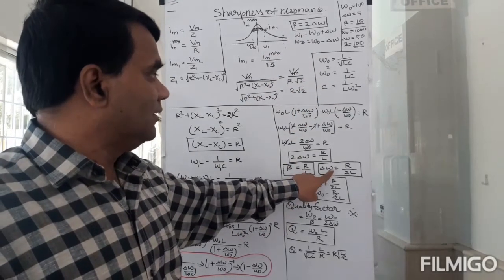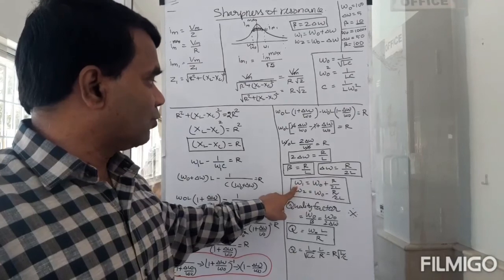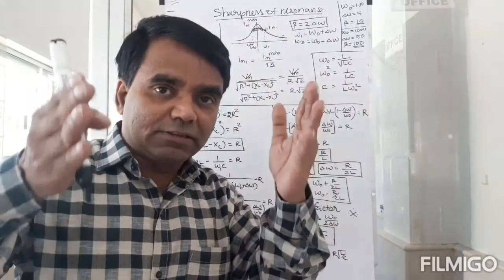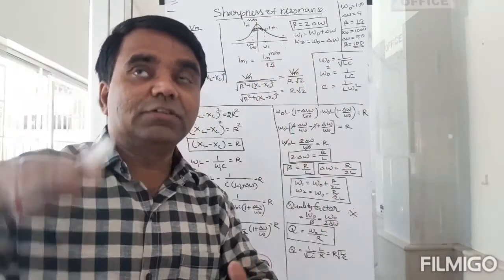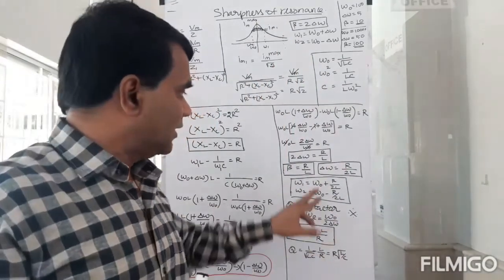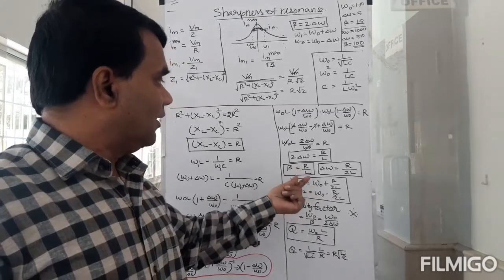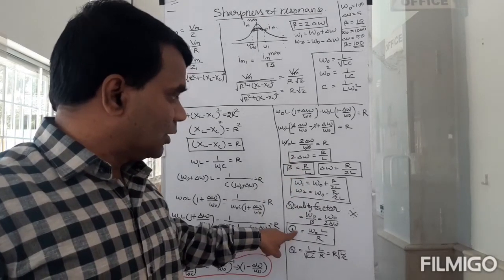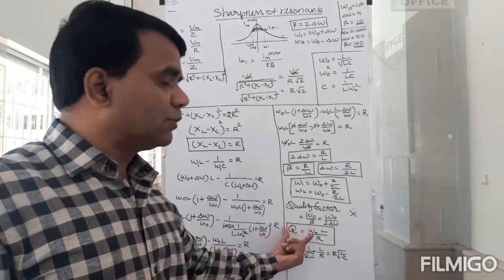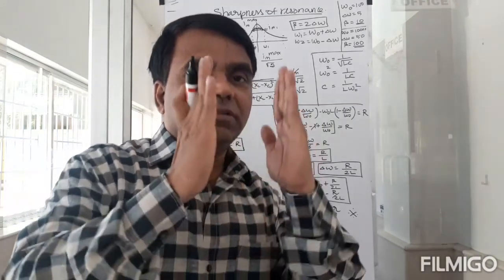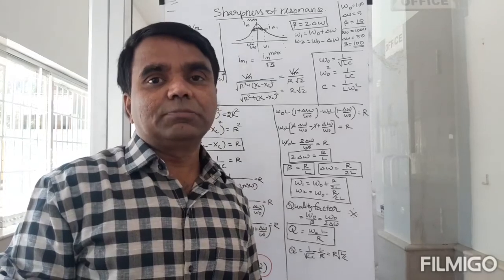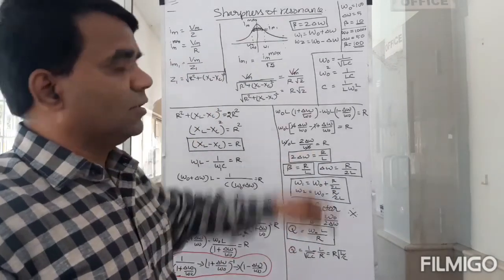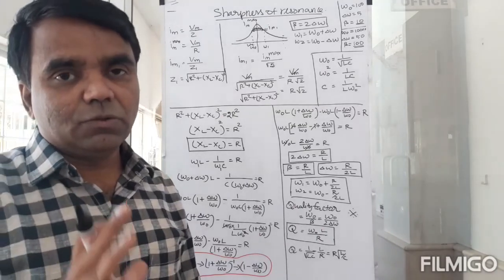If I calculate delta omega, then I can calculate omega 1, omega 2, the frequencies at which the power dissipated will fall by half from the maximum power. I can calculate the bandwidth. I can also calculate the quality factor. The greater the quality factor, the sharper the resonance curve is. Okay? So this is what is called the sharpness of resonance. Hope this is clear to you.